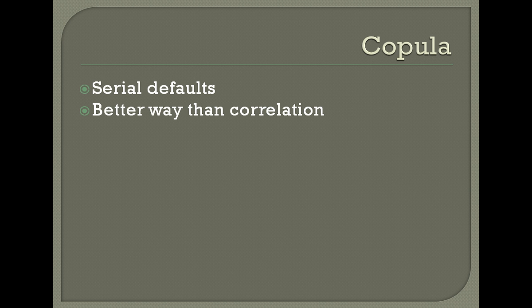So whenever there is a downgrade of one company or one sector, there is a probability that the entire sector is behaving in that way, and there would be serial default. So when we talk about default of two things going down, we cannot use the normal correlation, because all these things are linked together in a not so simple way. That's one way to look at how we would use copulas.